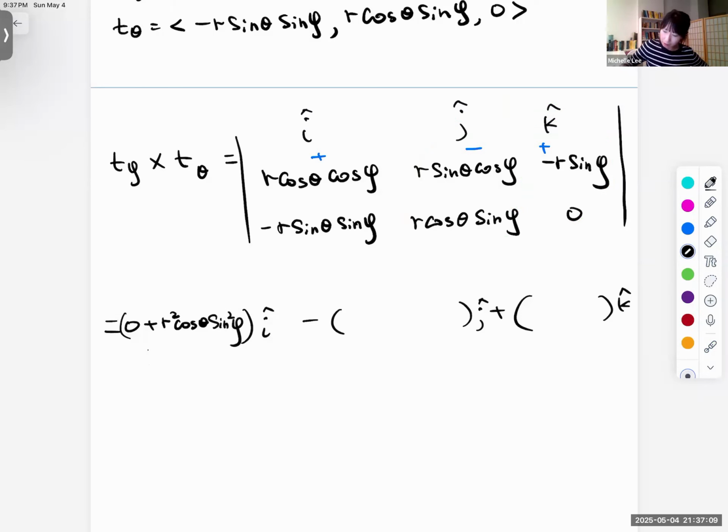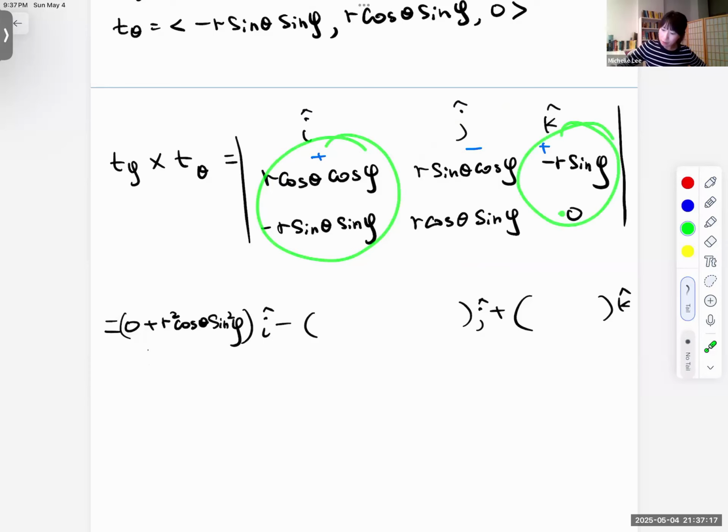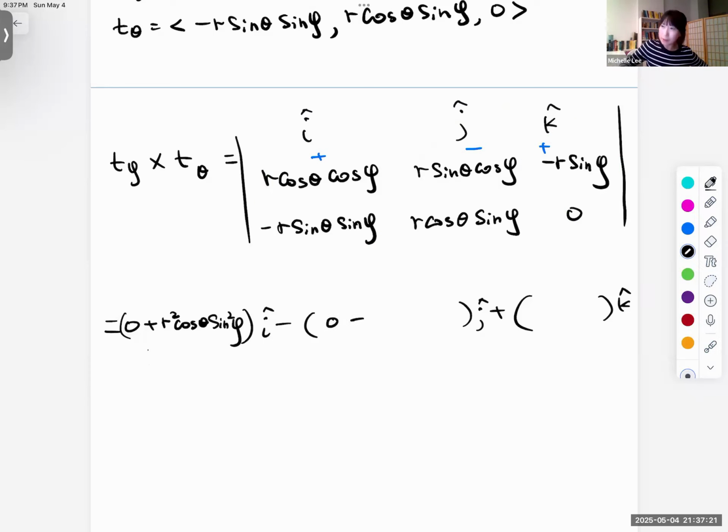And for j, we're looking at that. We multiply 0 minus, and then we have r squared, and minus minus is positive.